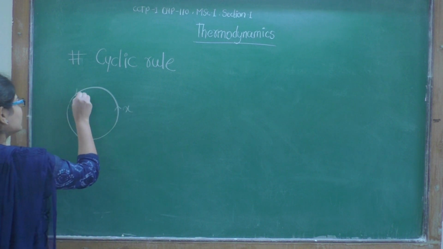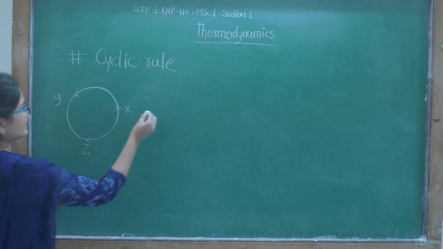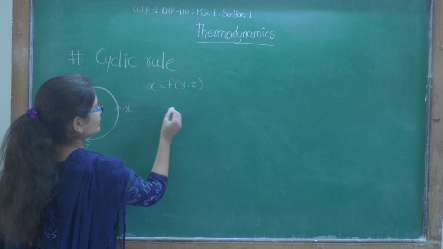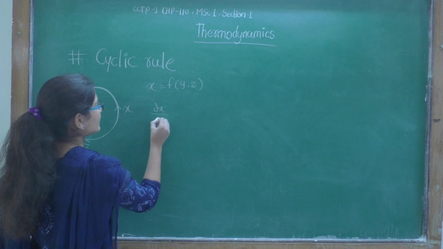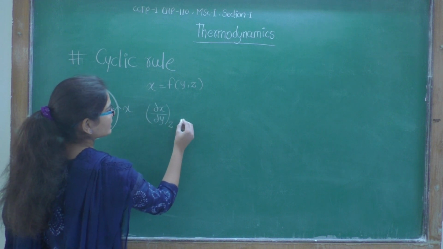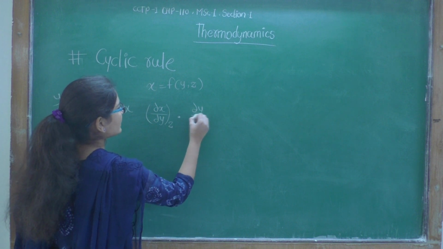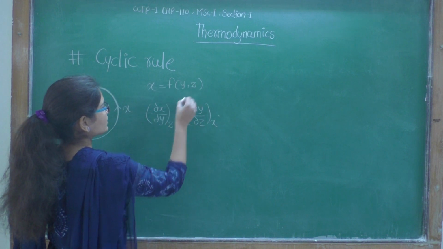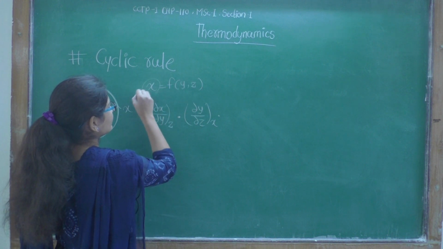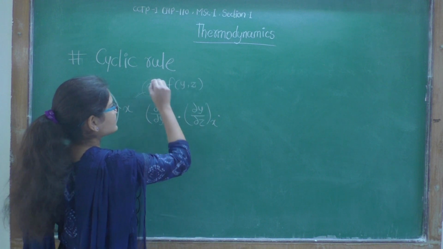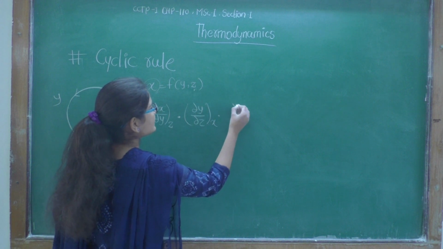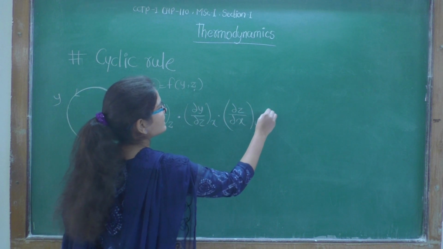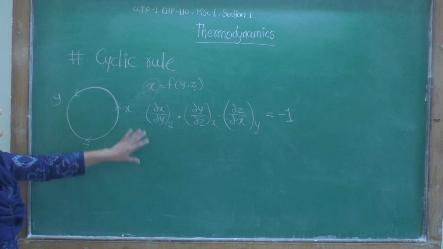If this is x, here is y and here is z, then if x is a function of y and z, we can write ∂x/∂y at constant z into ∂y/∂z at constant x into ∂z/∂x at constant y equals -1. This is the cyclic rule.